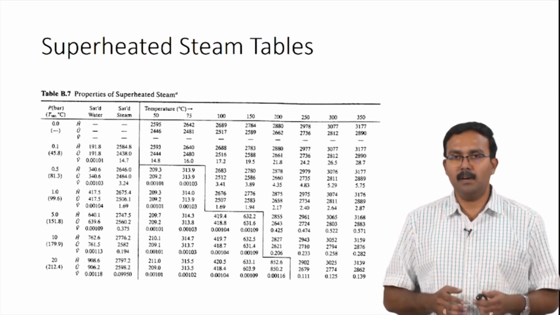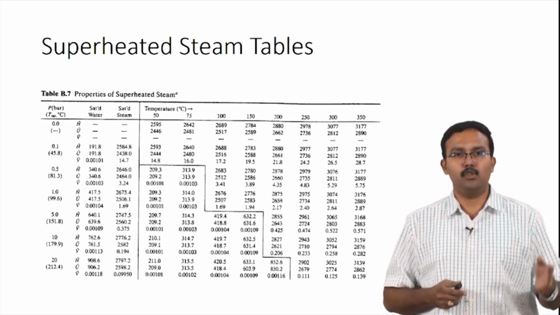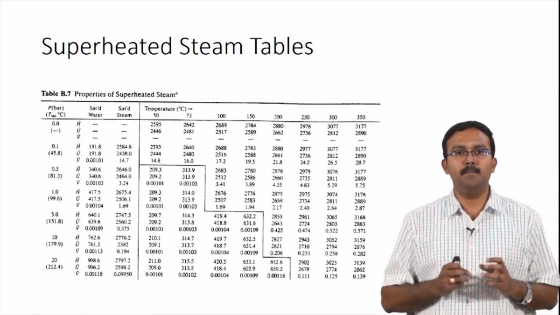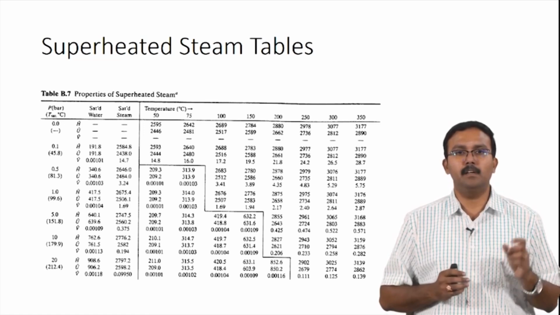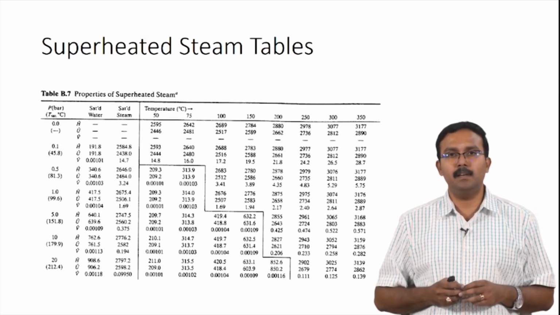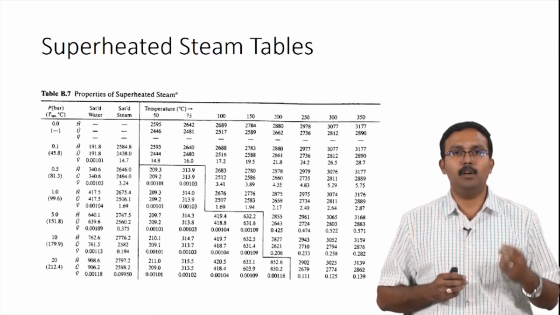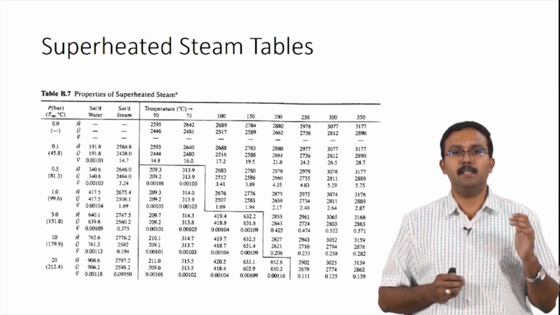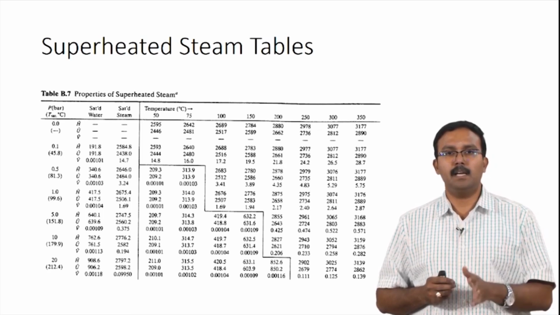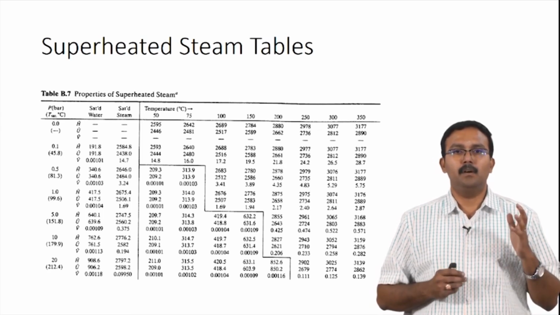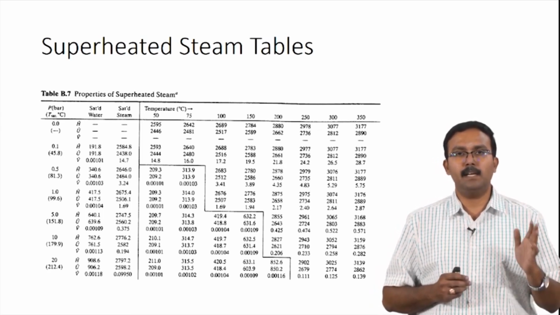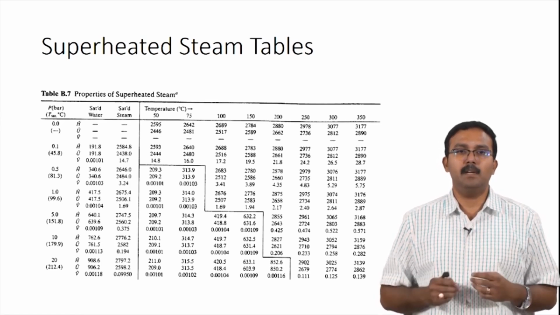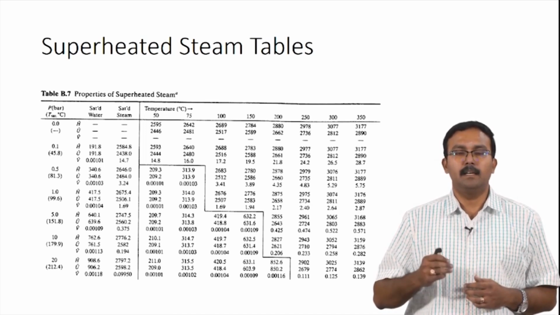The first column, on the left hand side, is the pressure, and within the brackets below every pressure you have a temperature value, which is the boiling point of water at that particular pressure. Then the next two columns represent the saturated liquid and saturated steam, where you have been given the specific enthalpy, specific internal energy and specific volume.